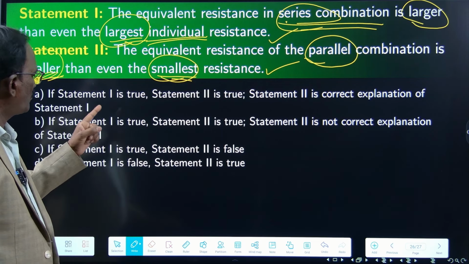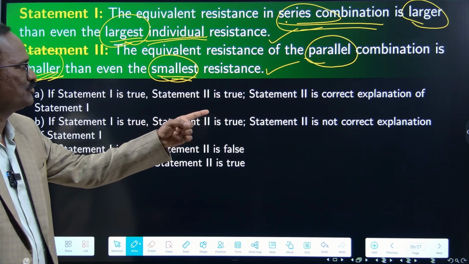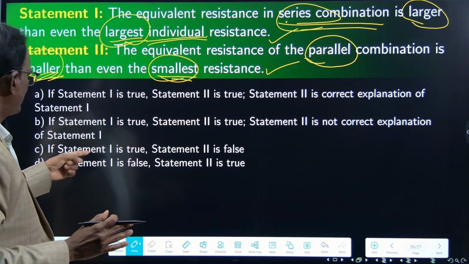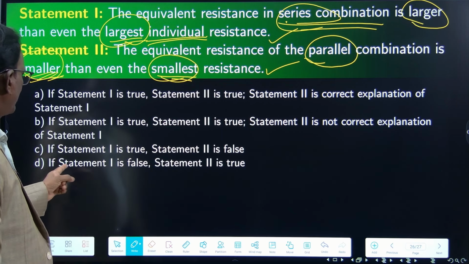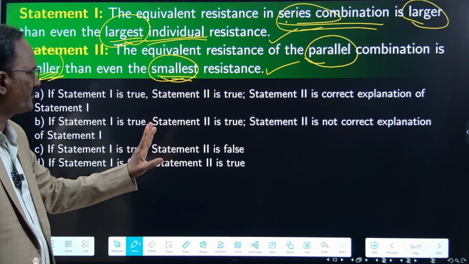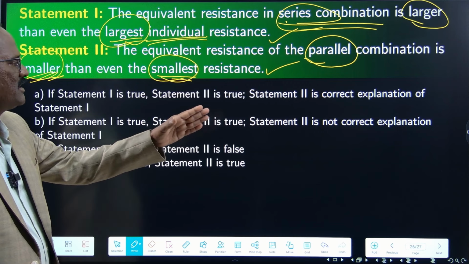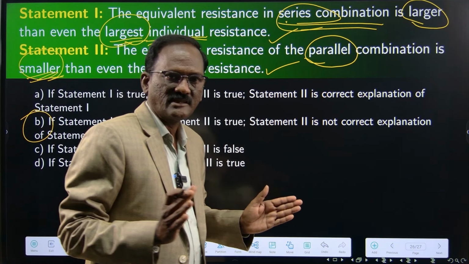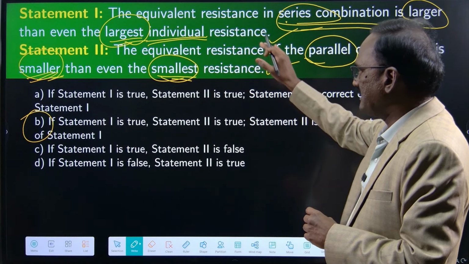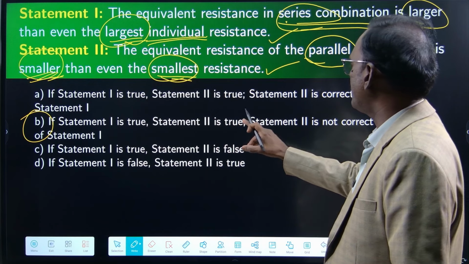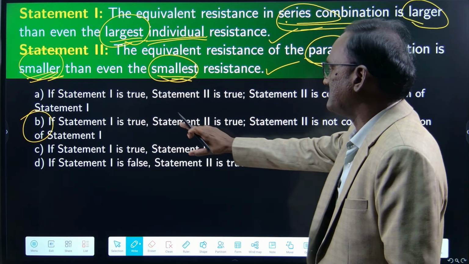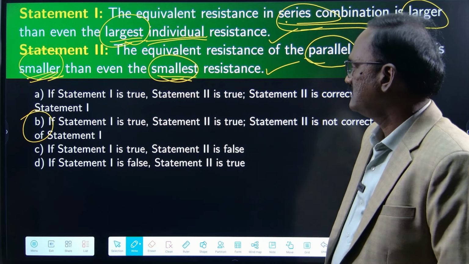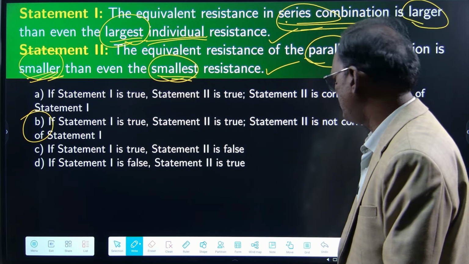So B: if statement 1 is true, statement 2 is true, statement 2 is not the correct explanation of statement 1. B is correct. Statement 2 need not explain statement 1. So this is the right option, right?